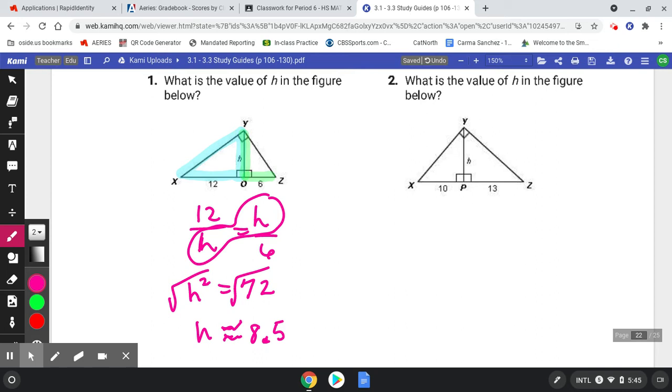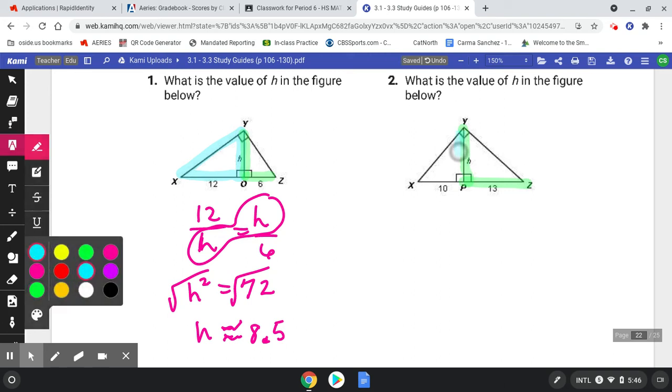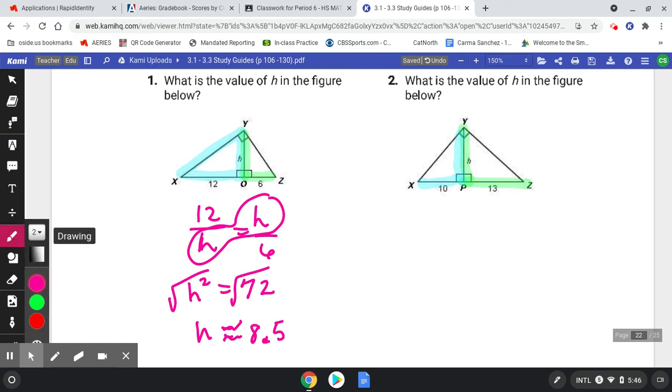Again, there's multiple ways to set this up, multiple ways to try it. But what if we look at this as the base and this as the height, and then we compare that one to this height and this base? We're kind of using the two little triangles to do it. So we could say 13 is to h as h is to 10.